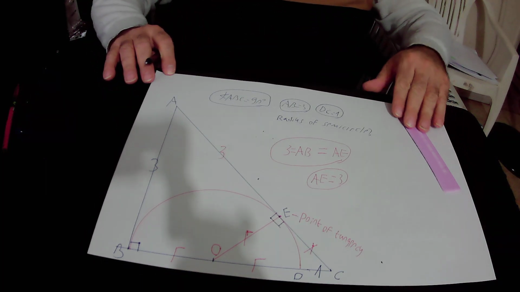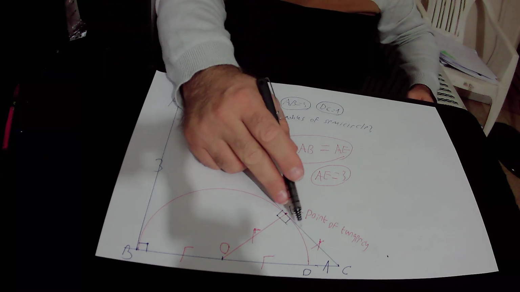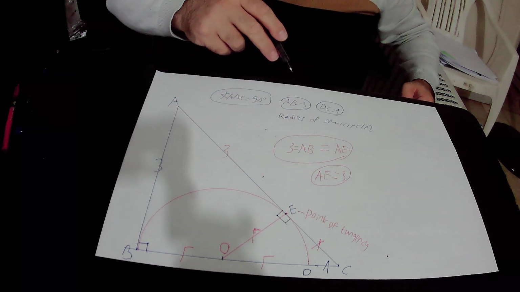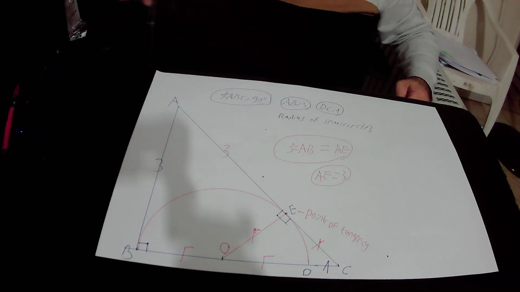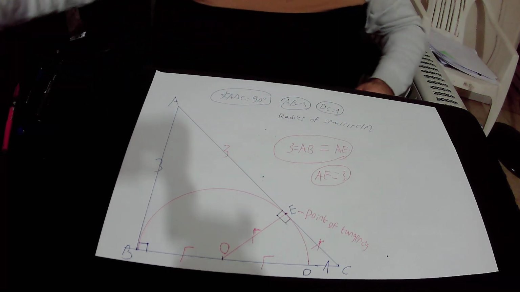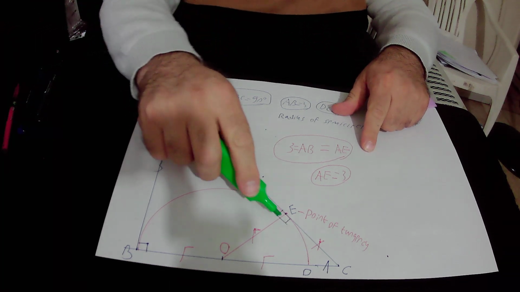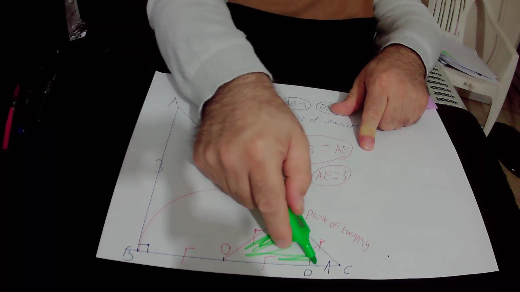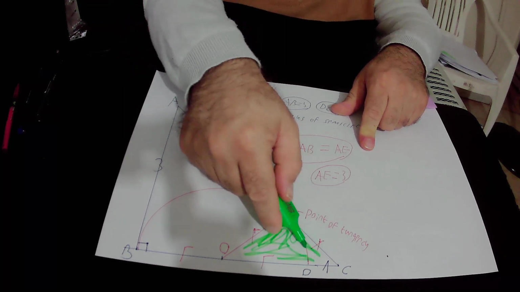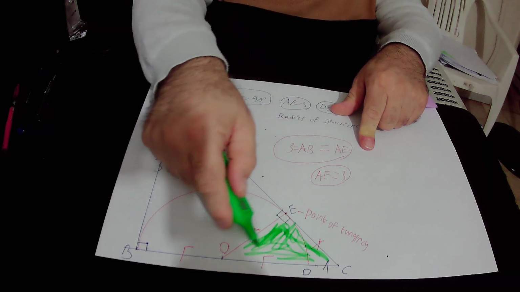So angle OEC is a right angle, it equals 90 degrees. Therefore triangle OEC is a right triangle. So here the green triangle OEC is a right triangle, and we will focus on the green right triangle, triangle OEC.